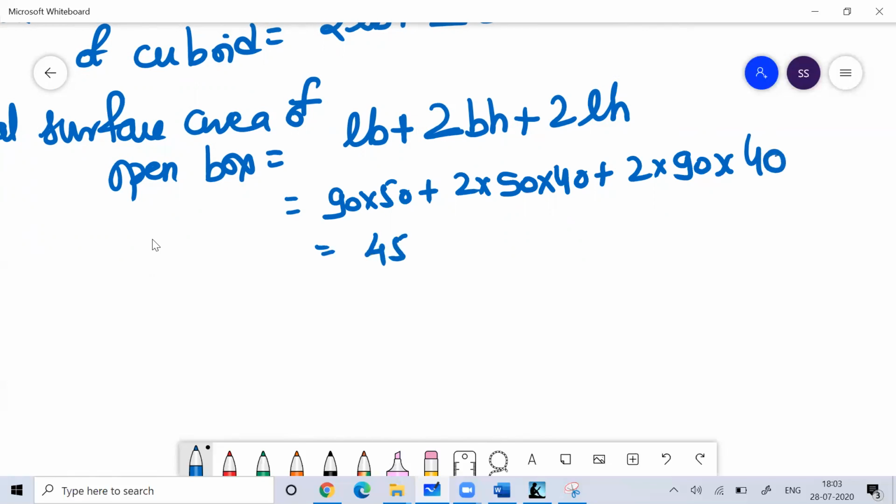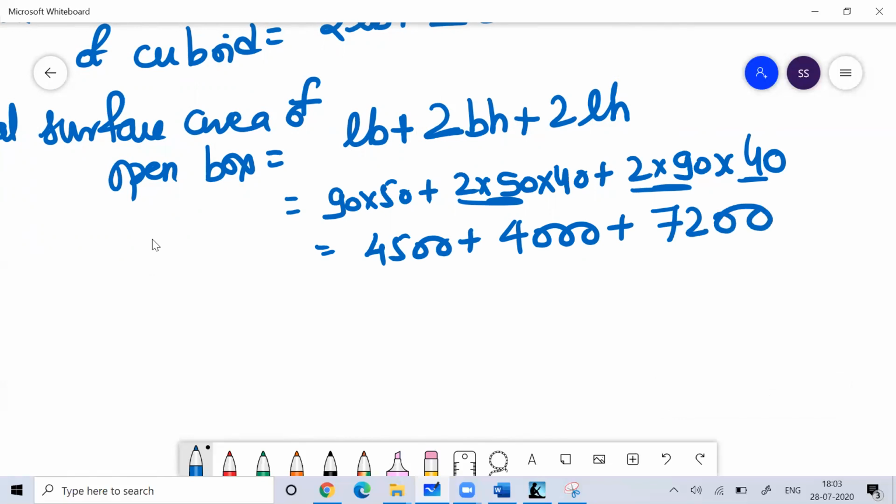This you can say is 4500. This is 4000, plus 9 twos are 18, 18 fours are 72, so 7200. So this is 4500 plus 4000 plus 7200, so 15700.